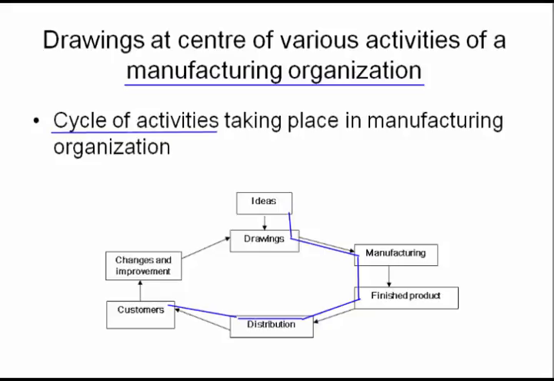Now, very often customers say, well, okay, I bought one of your devices, but I need it to do this, or I need it to cope with that. And so modifications occur and the product develops. And so this cyclic arrangement here is quite an important part of management. And of course, the drawings must be updated and changed, and the management of that change is a key activity within any manufacturing organization.